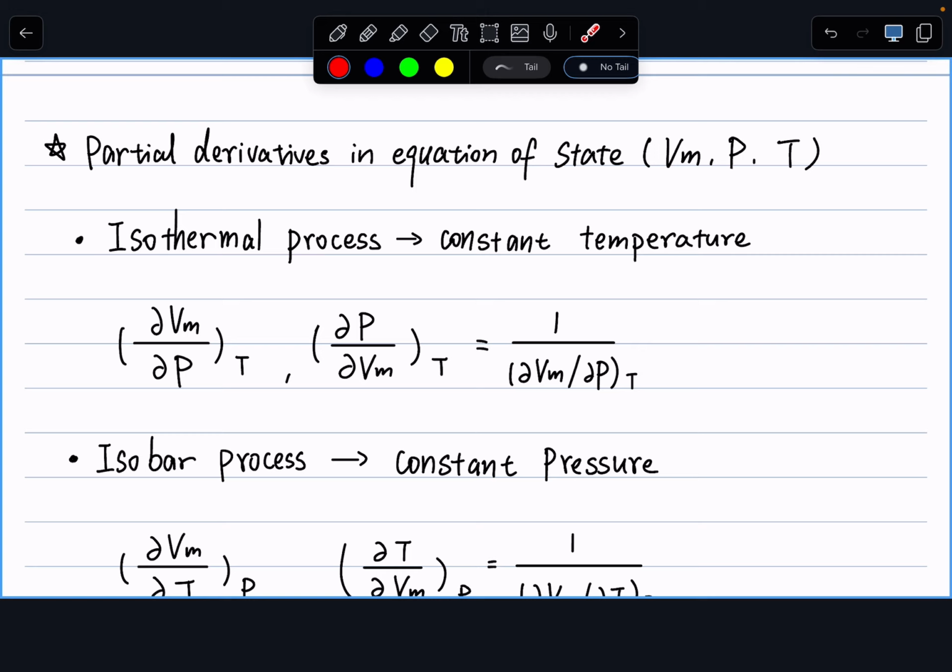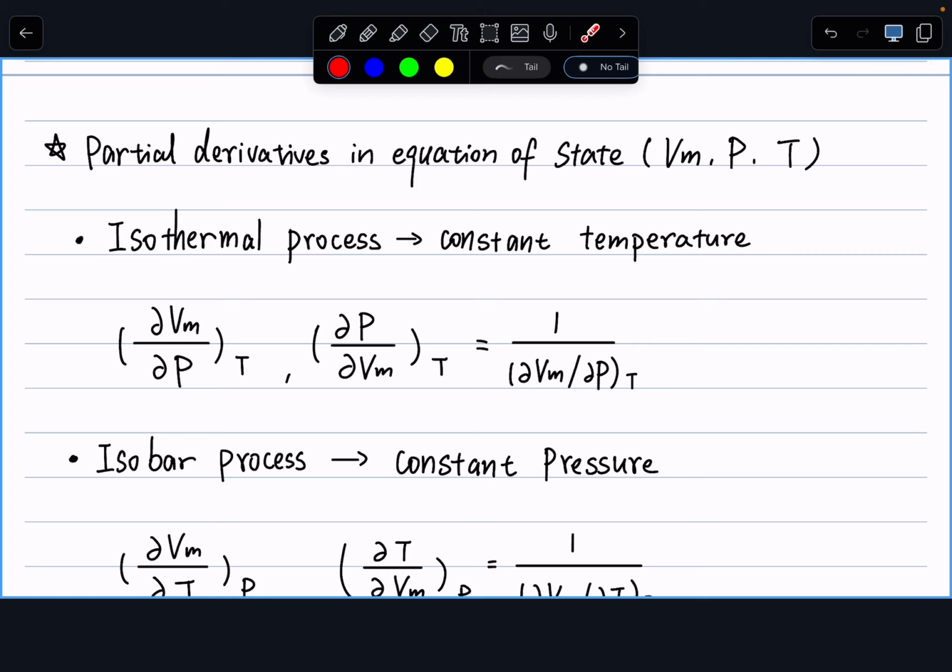All right, so back to thermodynamics. In our last lecture, we went over the ideal gas law and how we derive the ideal gas law using experimental relationships like Boyle's law and Charles' law. Today we want to go a little bit further to make a more general statement on the equation of state.